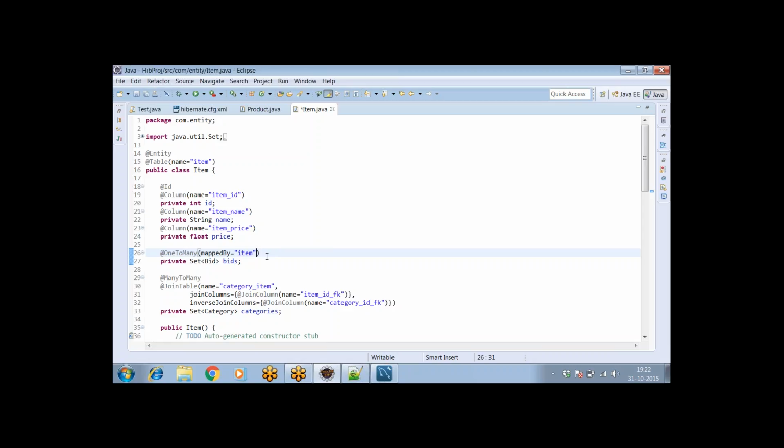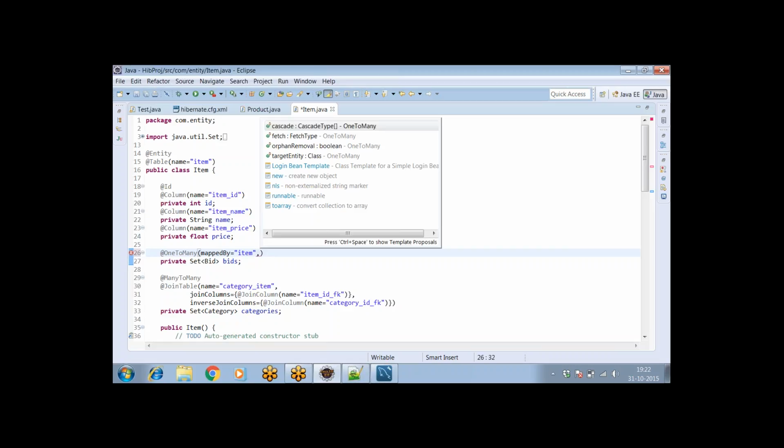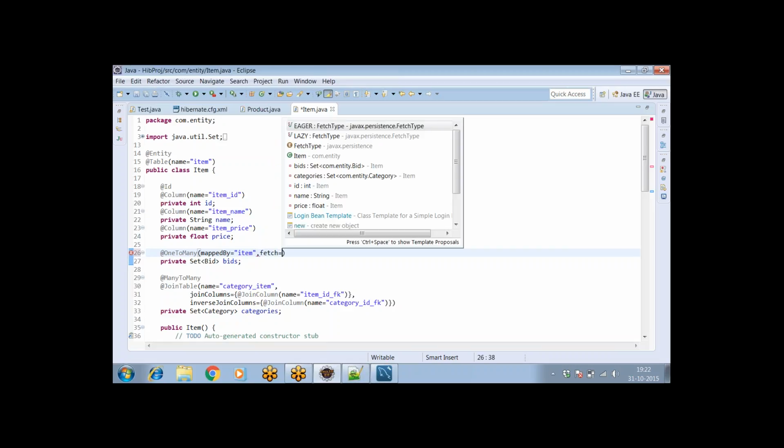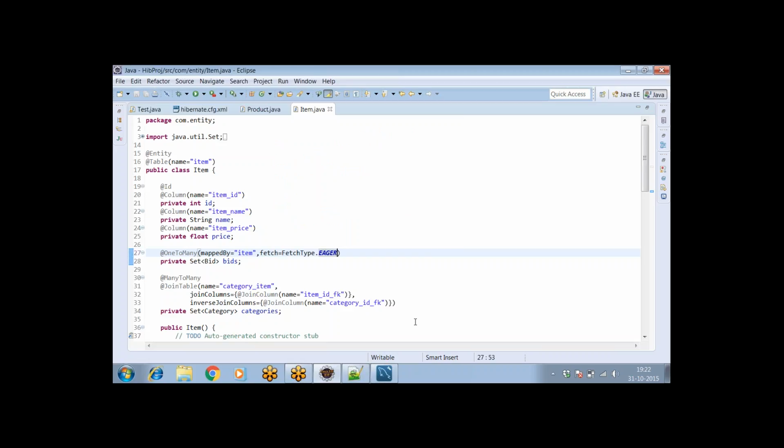On top of this bits reference, where you have mapped this bit association here in the item class, what you need to do is simply add this fetch type equal to eager here. That's it. You specify the fetch type is eager here.